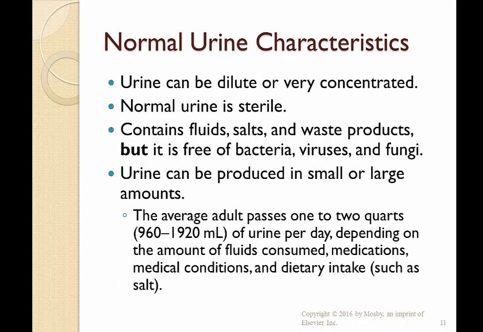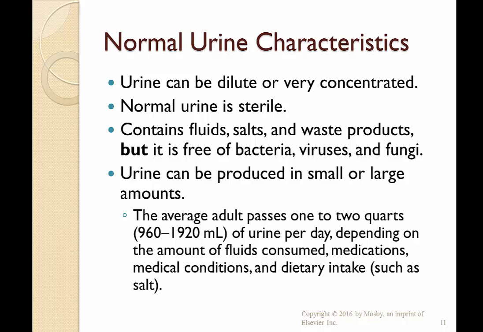So some characteristics of normal urine. Urine can either be dilute or very concentrated, and this can happen either from our fluid status, how hydrated or dehydrated we are, or the functioning ability of the kidneys to filter or not filter things when they're making urine.